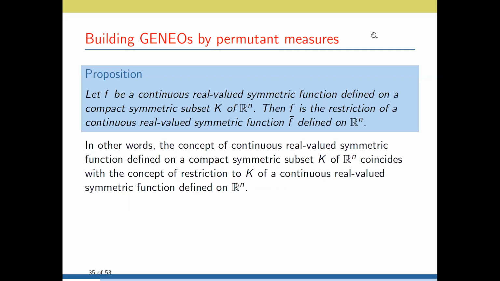Proposition: let f be a continuous real-valued symmetric function defined on a compact symmetric subset of R^n. Then f is the restriction of a continuous real-valued symmetric function, f bar, defined on R^n. So in other words, the concept of continuous real-valued symmetric function defined on a compact symmetric subset of R^n coincides with the concept of restriction to this set of a continuous real-valued symmetric function defined all over R^n.